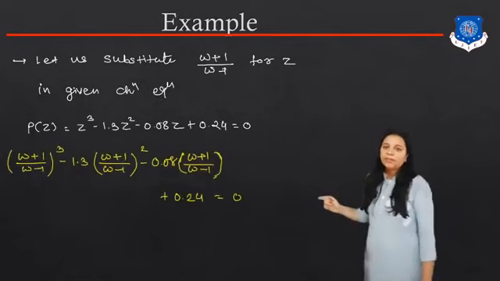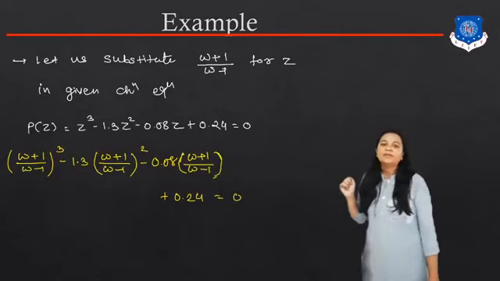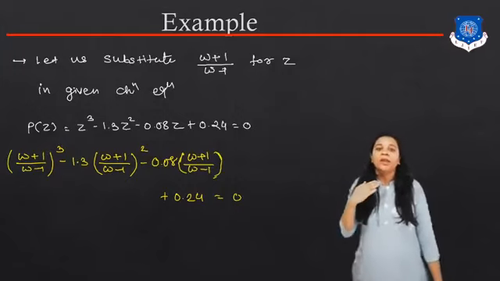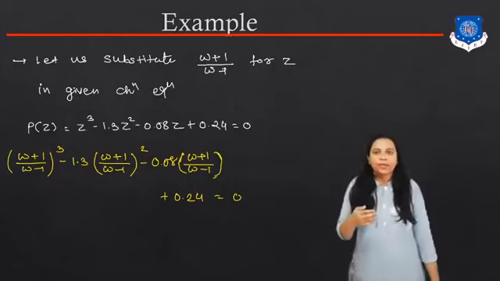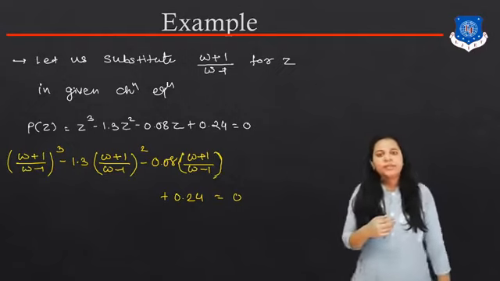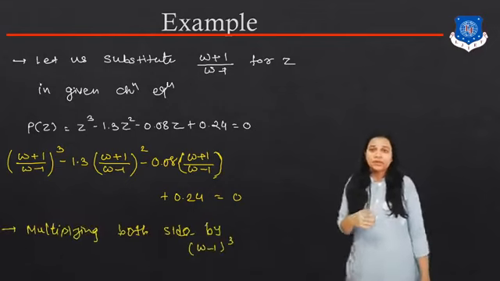So the equation will become ((omega plus 1)/(omega minus 1))^3 minus 1.3 ((omega plus 1)/(omega minus 1))^2 minus 0.08 (omega plus 1)/(omega minus 1) plus 0.94 equal to 0. Now simplify this equation.